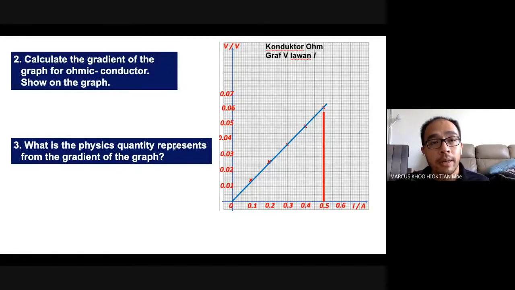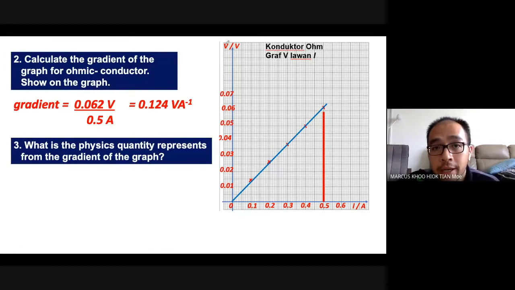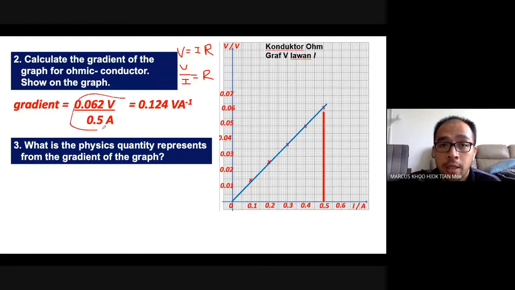Just to write down, when you calculate the gradient, since it is V against I, we find that according to Ohm's law the formula is V equals I times R. If I move the I across, I will get V over I equals R. And that's exactly what we're calculating.